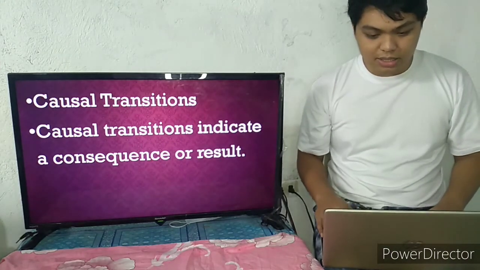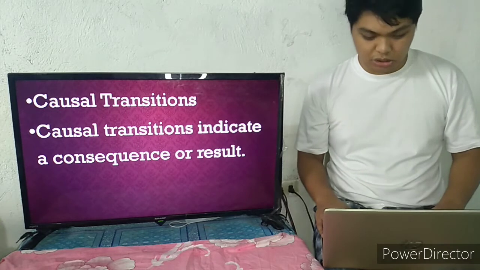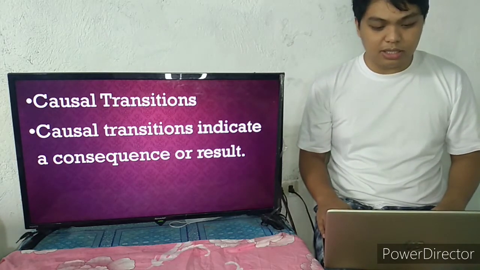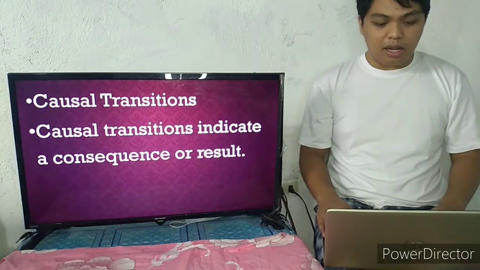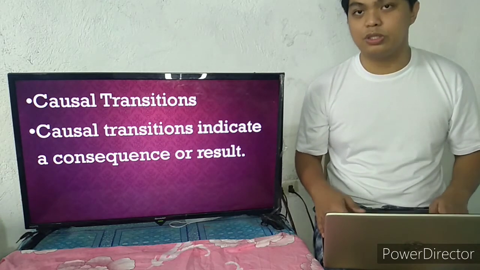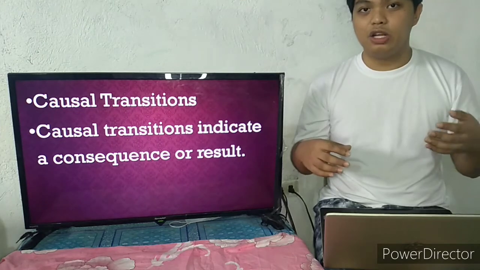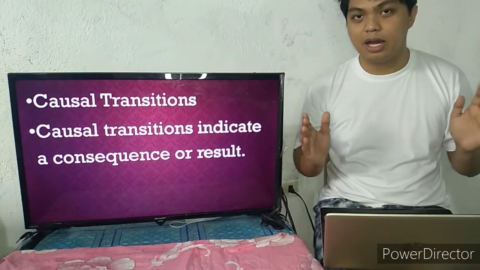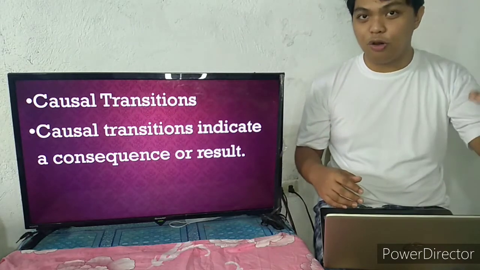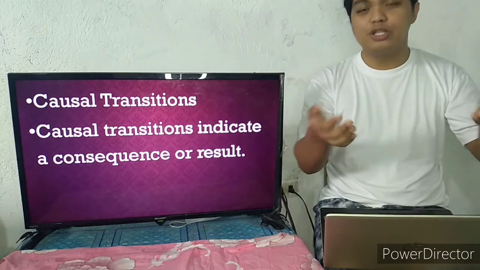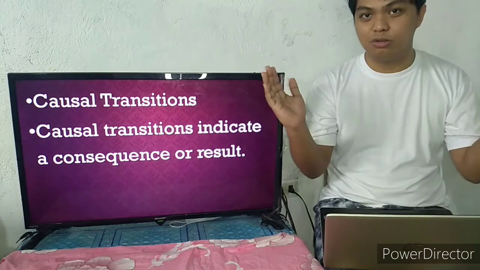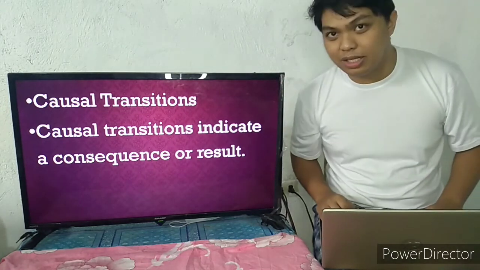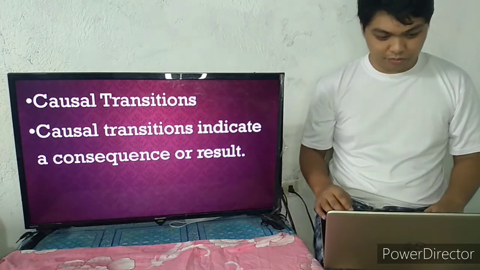The next one is causal transition. So, what is a causal transition? Causal transition indicates a consequence or result. So, sa isang sentence, ito naman yung sentence na kung saan makaka-encounter ka na ito yung cause at ito yung effect. So, ang gagamitin mo doon para mapagdugtong mo yung dalawang idea sa isang sentence ay causal transitions.